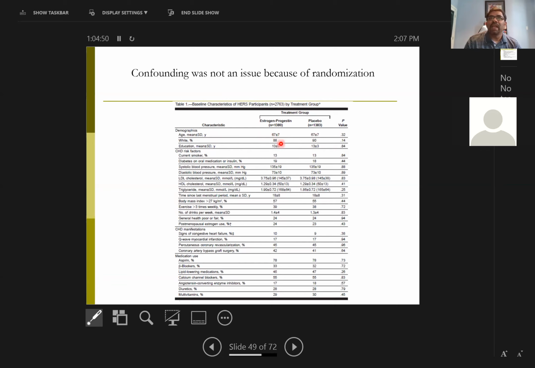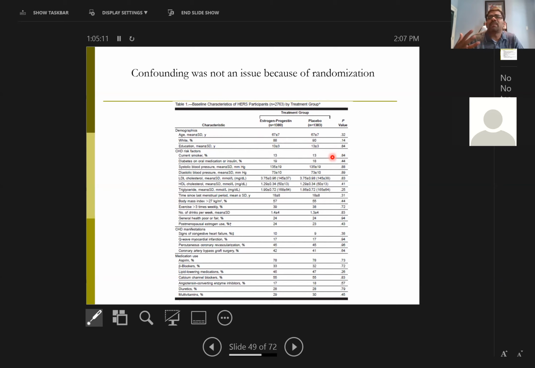White women, 88% in the hormone group, 90% in the control group. Education, 13 years, 13 years, right? Smoker, 13%, 13%. It's ridiculous. It's almost like somebody fudged this, right?